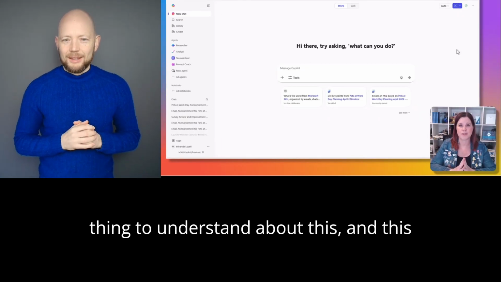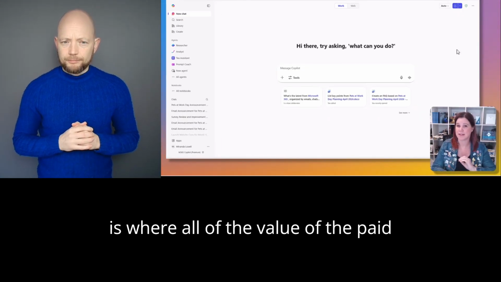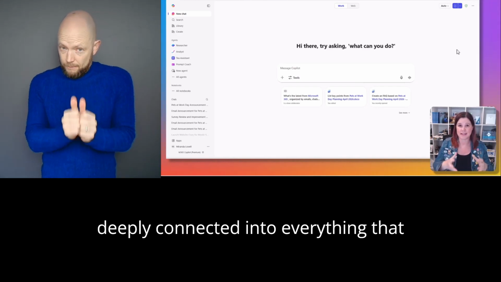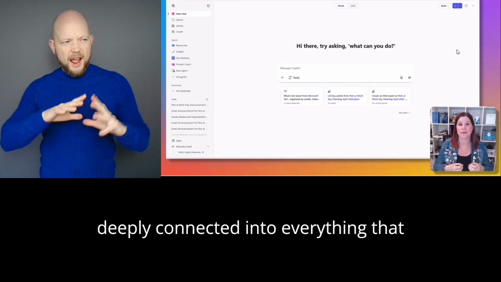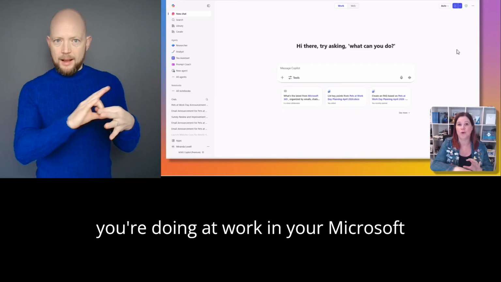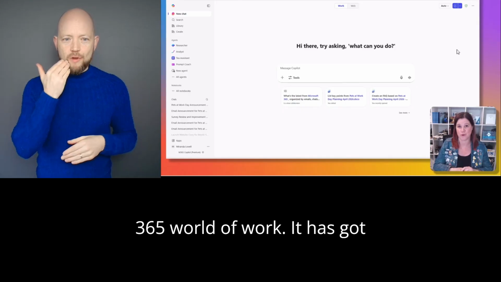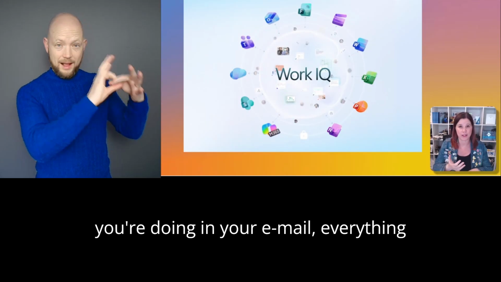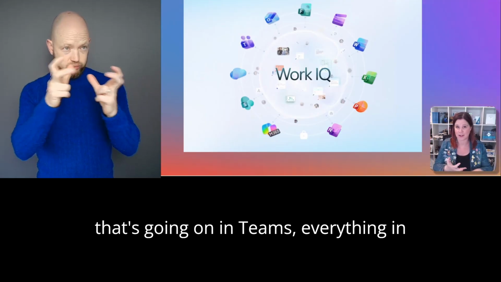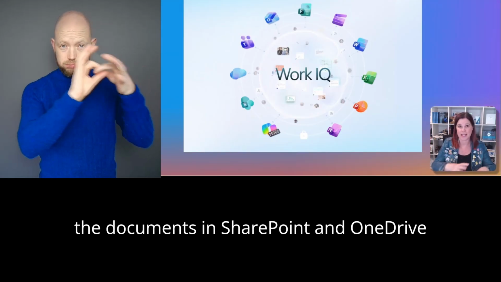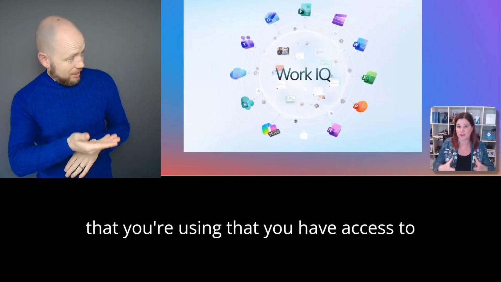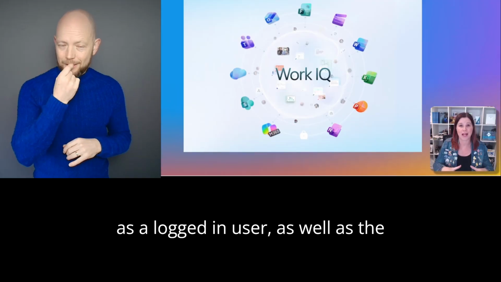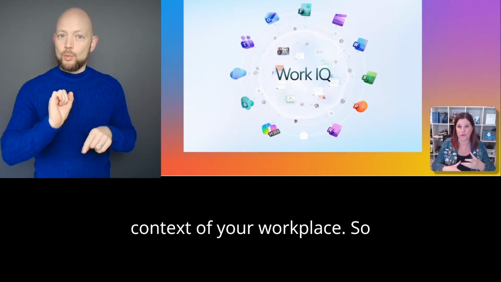Now, the most important thing to understand about this, and this is where all of the value of the paid license comes from, is that this is deeply connected into everything that you're doing at work in your Microsoft 365 world of work. It has got access to and understands everything you're doing in your email, everything that's going on in Teams, everything in the documents in SharePoint and OneDrive that you're using that you have access to as the logged in user, as well as the context of your workplace.